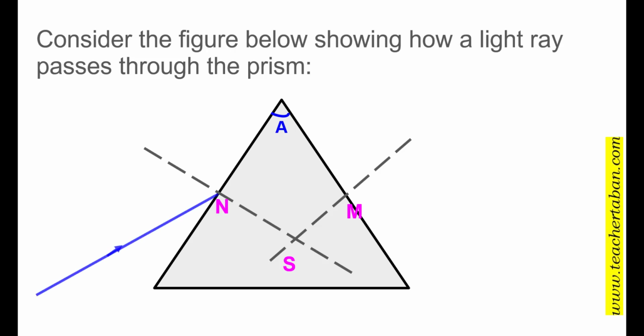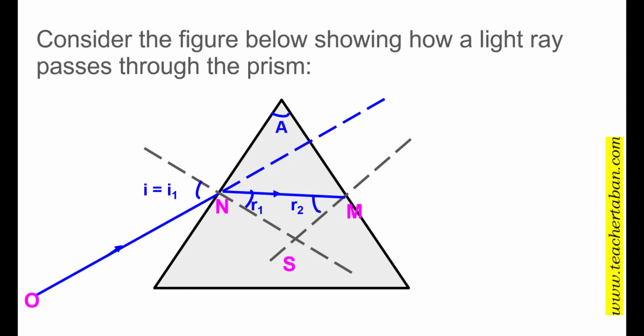So in case we have an incident ray of light incident at the point N, and that ray ON is making an angle of incidence I1 on that surface there. If the prism was not there, it would simply continue moving in this dotted line here.